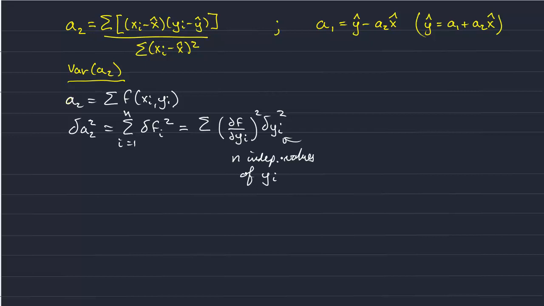So these are independent measurements of y. And so we can write a similar equation for the variance of a2 is equal to the sum of df/dyi squared times the variance of yi.